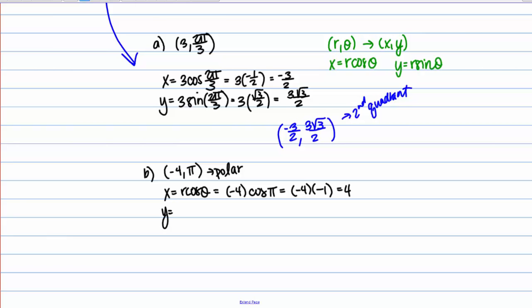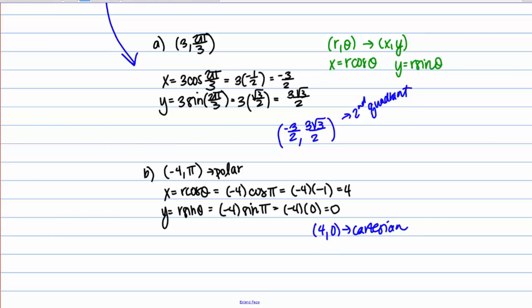And then to find my y-coordinate, I'm going to do r sine of theta. That gives me -4 times sine of pi. But sine of pi is 0, so this is -4 times 0, or 0. So then I end up with the point 4, 0.